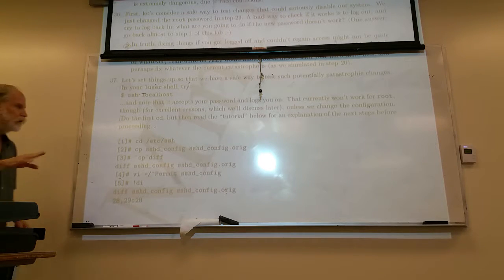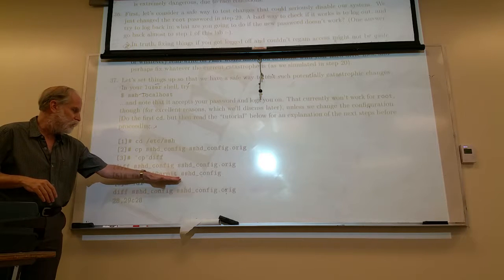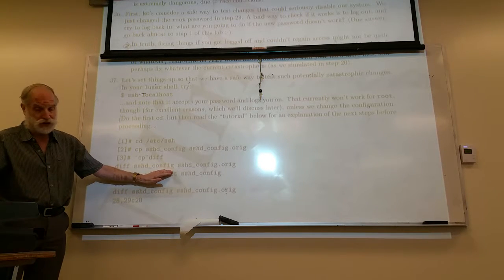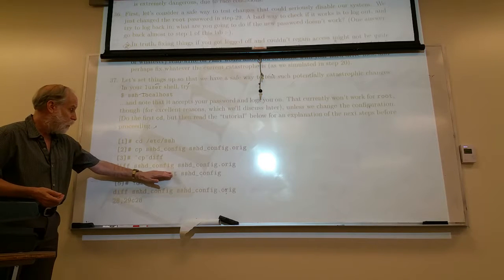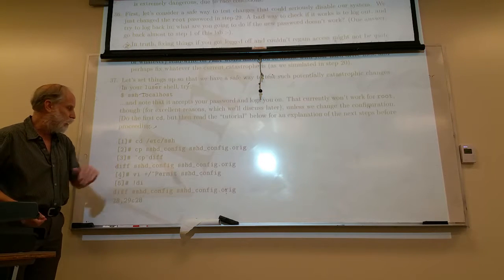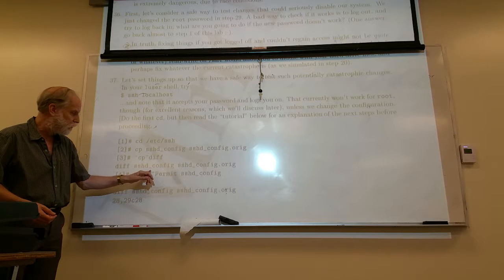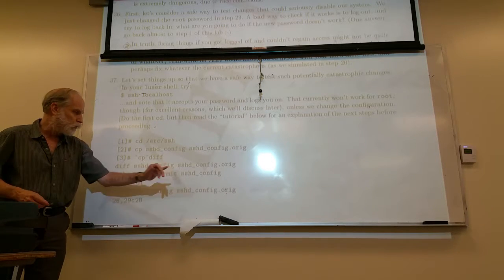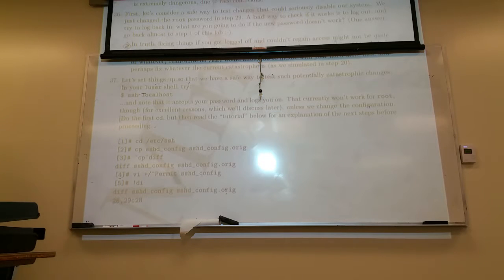But the particular line that you want to mess with is the one that begins with the word Permit. So you can say stuff like vi +13, and that would take you to line 13, or +23, and that would go to line 23, or you can give it a pattern. Tell it to search for the first line that begins with the word Permit with these particular capitalizations. And then that's where you'll wind up in vi if you do that.